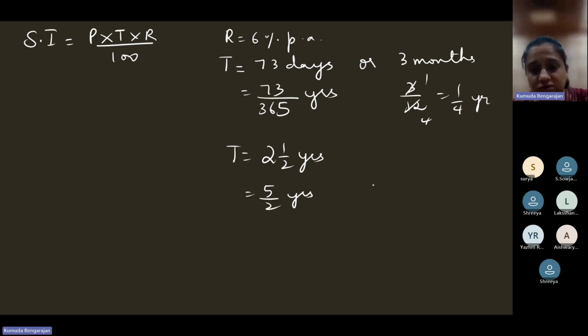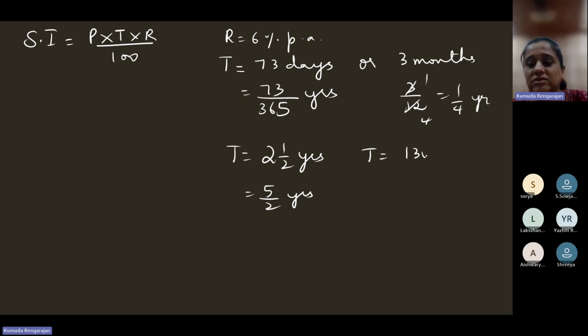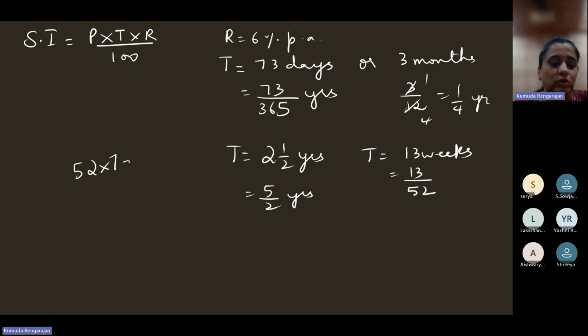If it's given in weeks, supposing the time is given as 13 weeks, divide by 52, 13 divided by 52, because 52 into 7 is equal to 364. 52 weeks into 7 days is equal to 364 days.